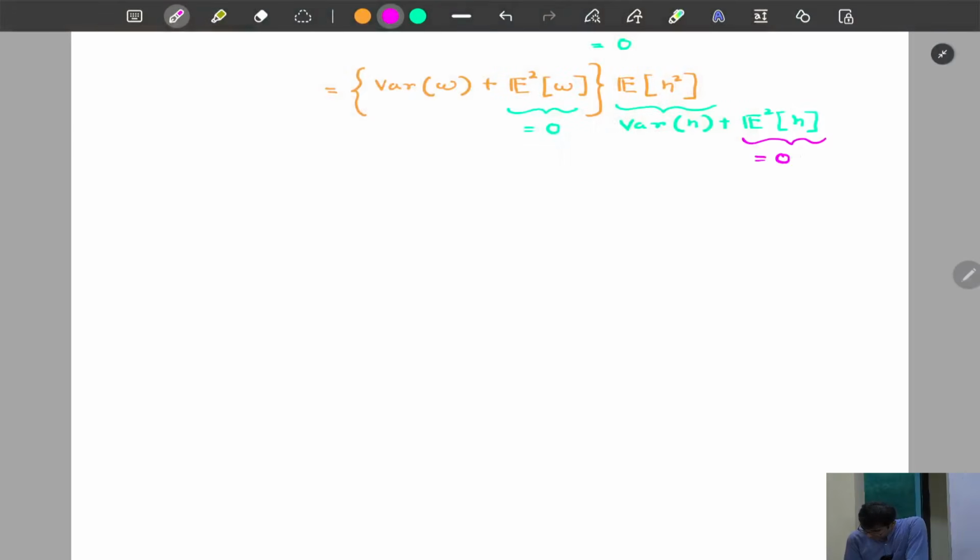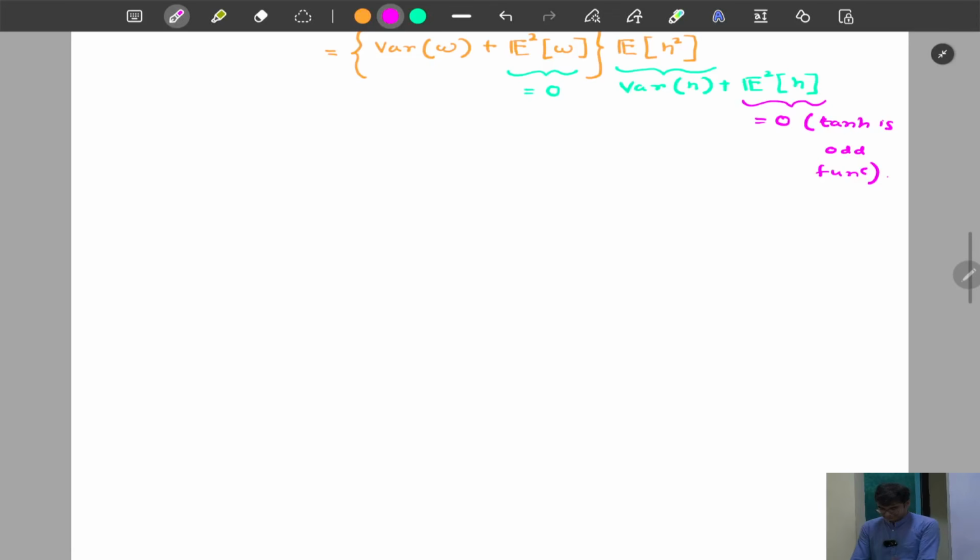Odd function, the probability on the left and right hand side are equal, which means the expectation of H is equal to 0, and that is also evident from this diagram. It's symmetric about 0, so it's 0. So this term here is equal to 0, and this is because tan h is an odd function.